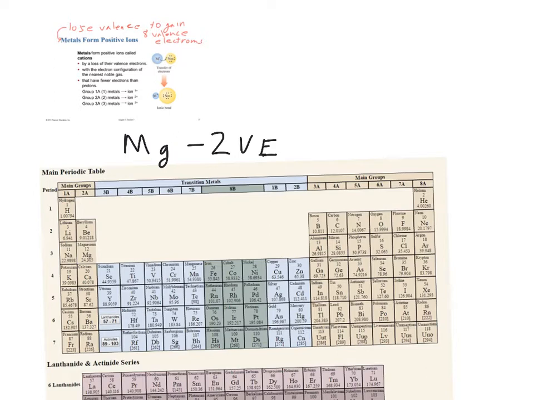How it likes to obey the octet rule is it likes to lose its 2 valence electrons and obtain a charge of 2+. Well, how does that help it obey the octet rule? Well, let's start with an observation that magnesium actually has 12 total electrons, right? It has an atomic number of 12.